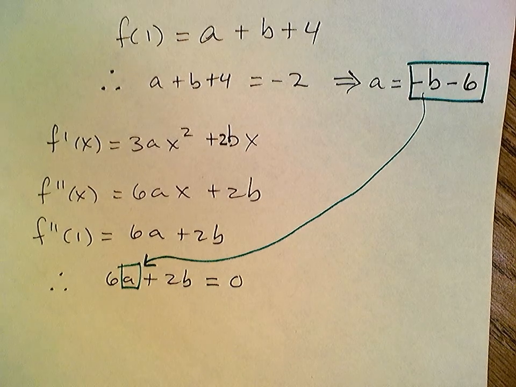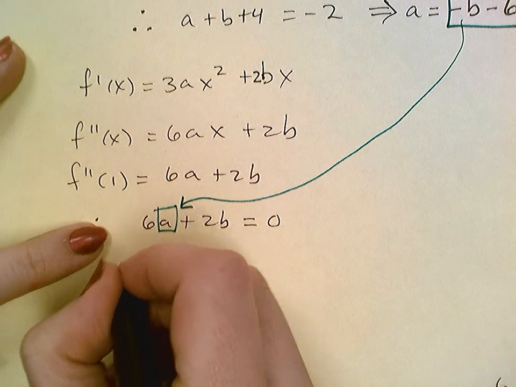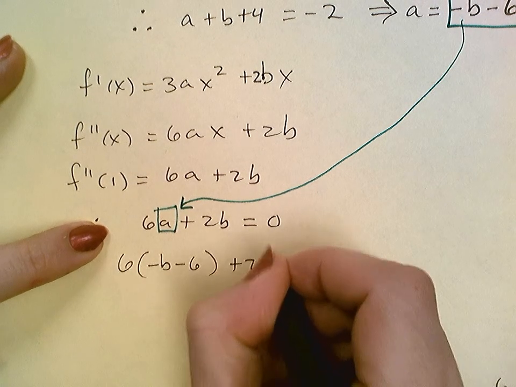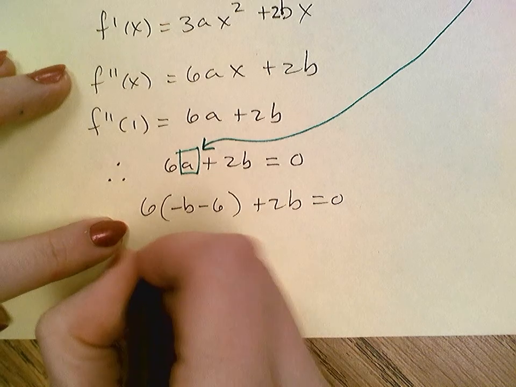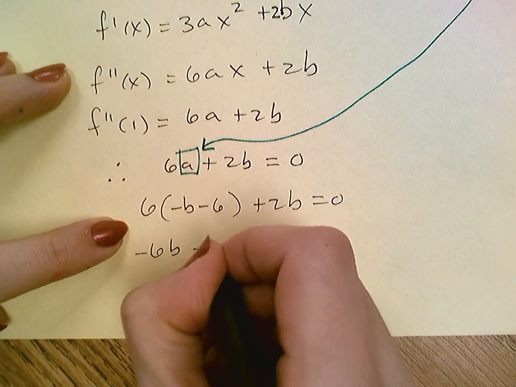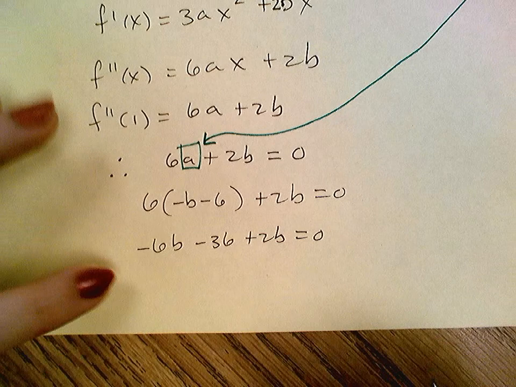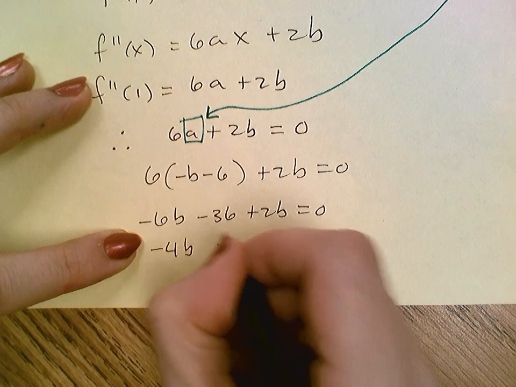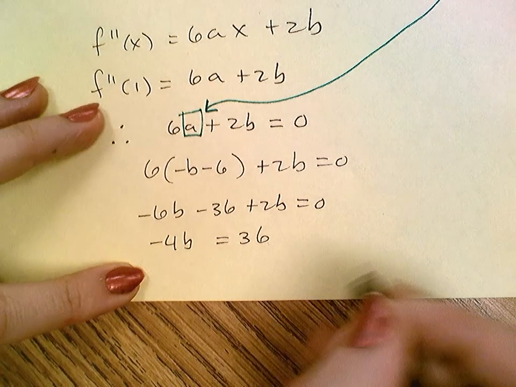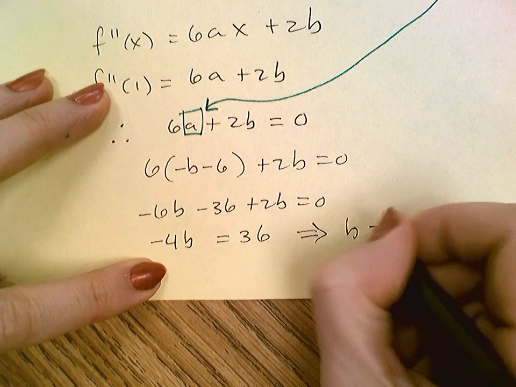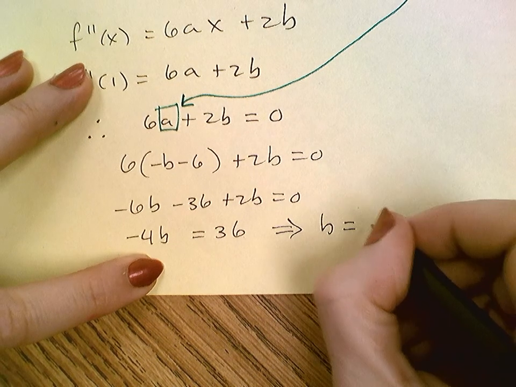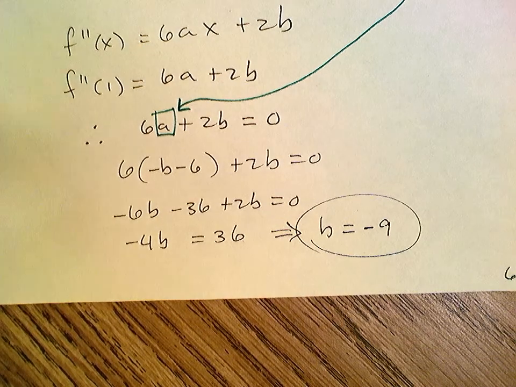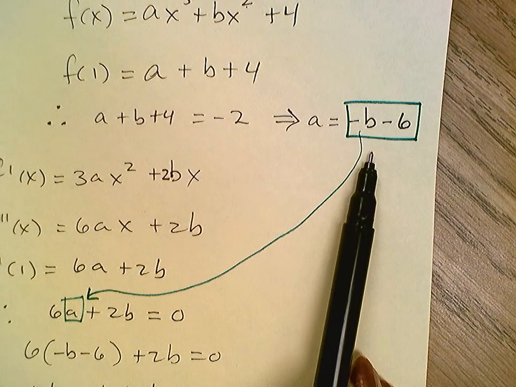That's how substitution works. So we get 6 times (negative b minus 6) plus 2b equals 0. Negative 6b minus 36 plus 2b. Negative 4b equals positive 36. b equals negative 9. And now that you've got b equals negative 9, you could plug it back in up here.